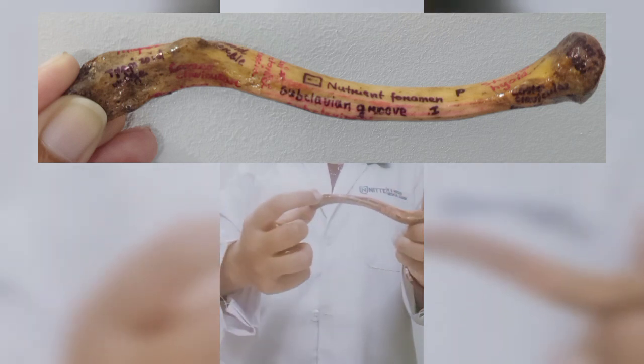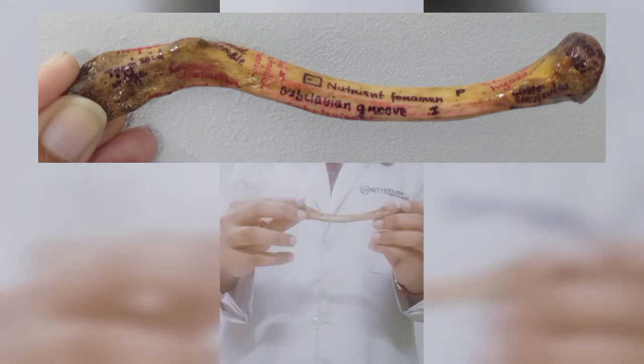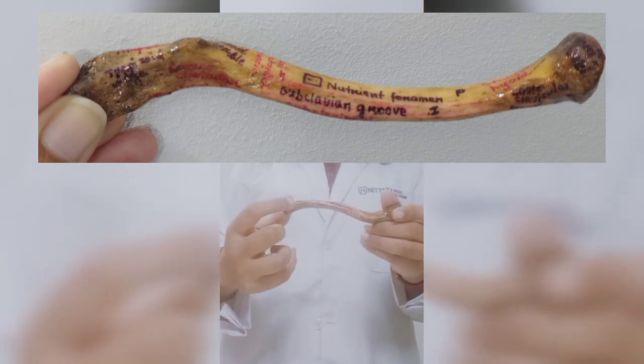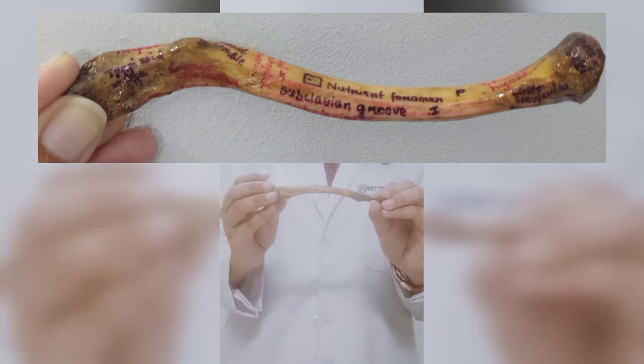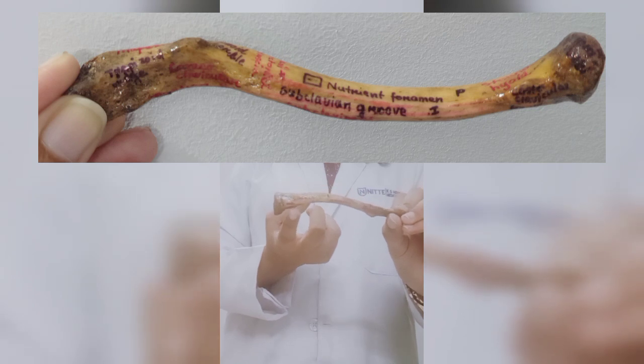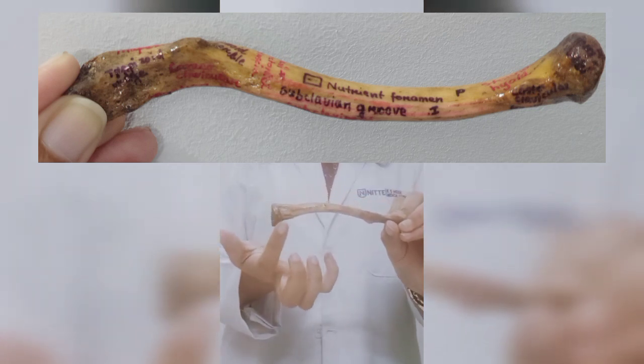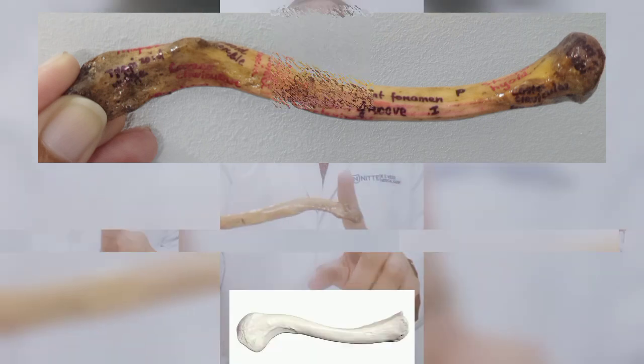There is one more portion in the medial end, where the costoclavicular ligament attaches. This is the quadrangular portion at the medial end.